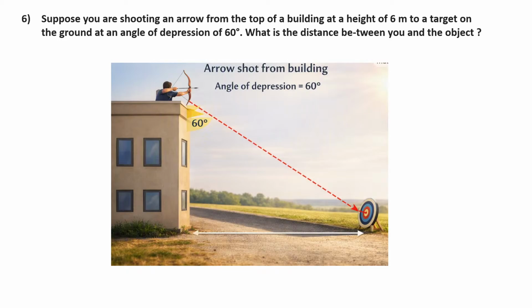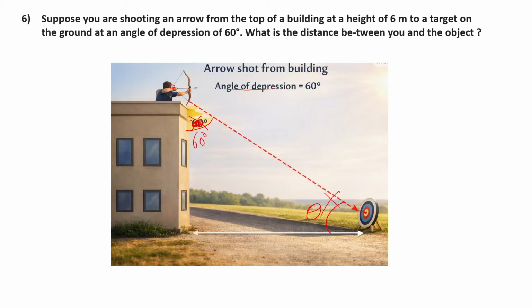Now, if you take this one as theta, and this one 60 degrees, you will be mistaken. Here you don't consider this 60 degrees actually. So this is the image generated by the most famous artificial intelligence. Okay, right. Now I will explain what the angle of depression actually is.